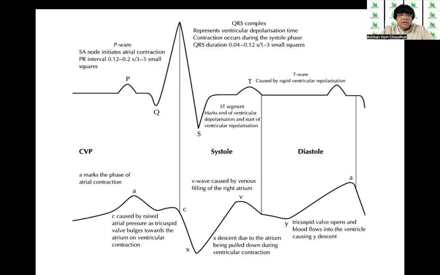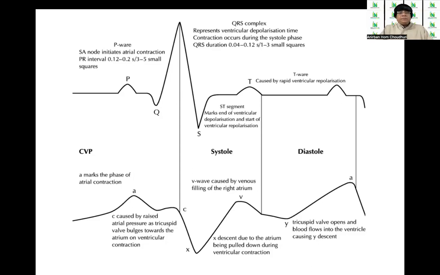Then we come to the descent, that is the negative wave of the central venous pressure, which is the X wave. The X descent occurs due to the atrium being pulled down because of the ventricular contraction. When the atrium is being pulled down, that definitely indicates that the ventricle is contracting, or ventricular depolarization has started.